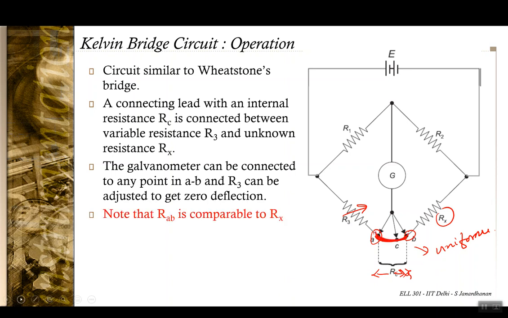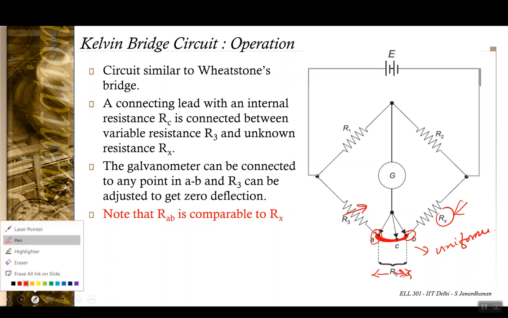What is to be noted is that this lead resistance may be comparable to the unknown resistance. This is important because in most cases we don't take into account the resistance of the leads, but in case of the Kelvin bridge, the resistance of the lead has to be taken into consideration also.